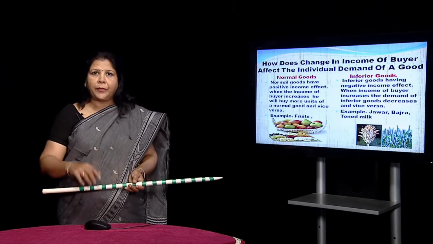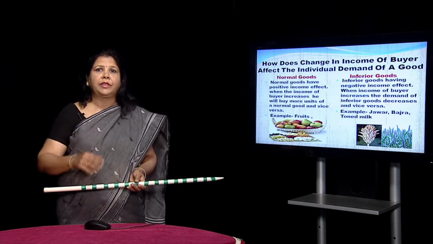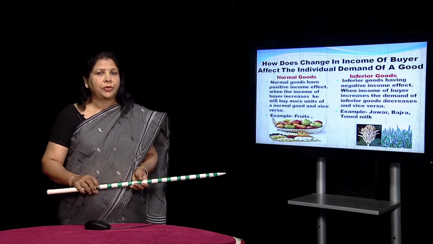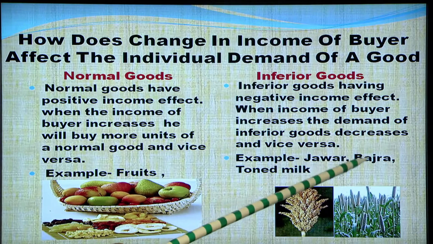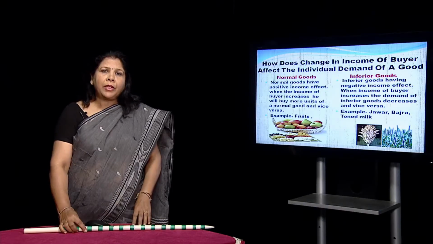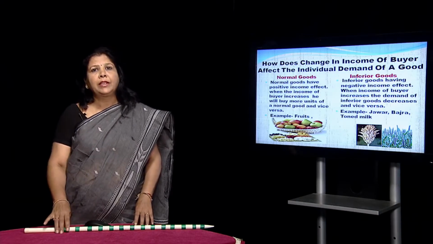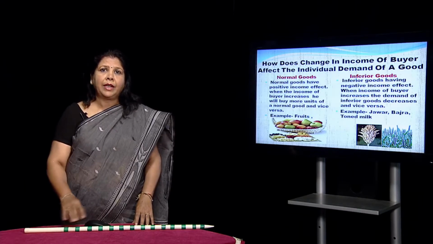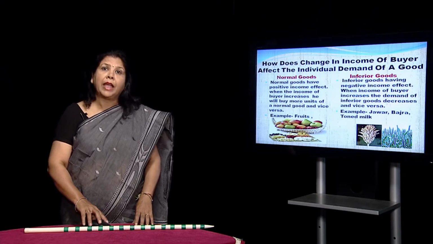They are very low, and as our income rises, we move out of the consumption of these goods to better substitute goods. Examples are jowar, bajra and toned milk. Normal goods have a direct relationship between income and demand, whereas inferior goods have an inverse relationship between income and demand.